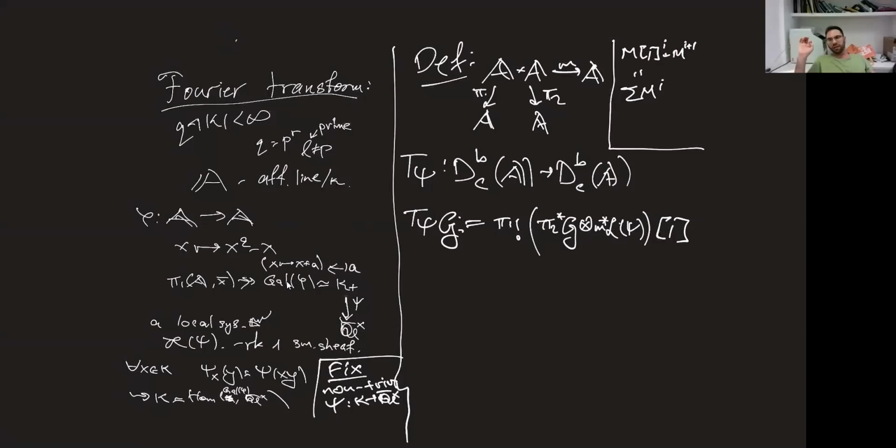I want to give a very quick remark, if I may. For those who may not immediately see why you would call such a thing a Fourier transform, I just wanted to note that if everywhere there's an A you write R, and instead of sheaves you think of functions, and the sheaf L psi is now the function that sends x to e to the 2 pi i x, the character, and you replace tensor with multiplication and lower shriek with integral, you get the formula for the Fourier transform.